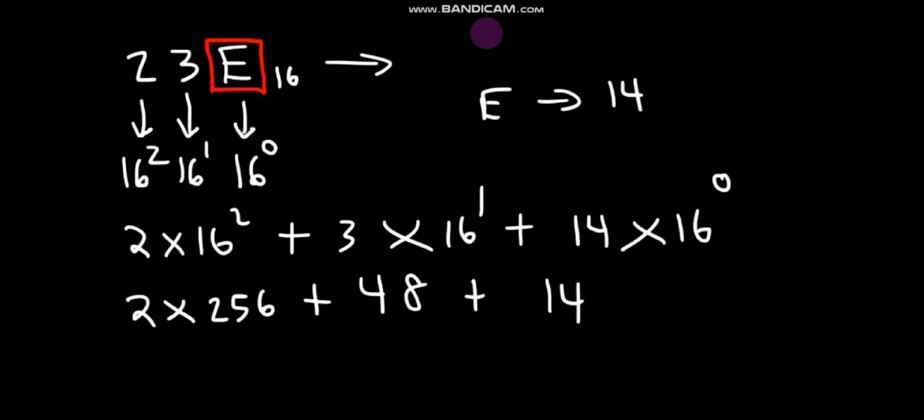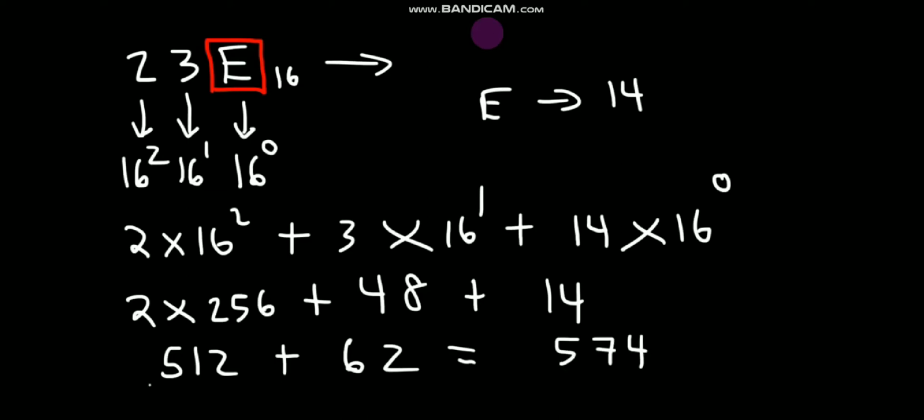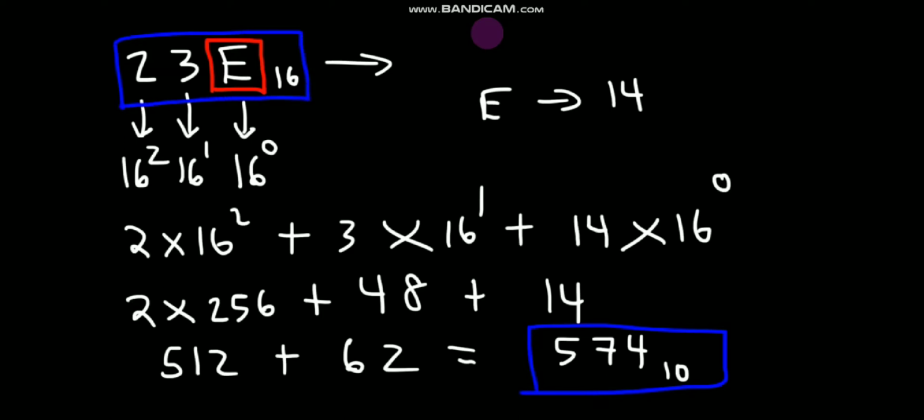Now we will multiply 256 and 2, we will get 512, plus 48, plus 14, which is 62. Then we will add these numbers, and we will get 574. This 574 with base 10 is the decimal conversion of 23E with base 16.